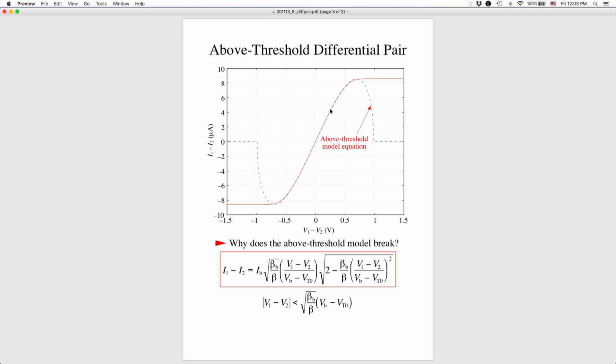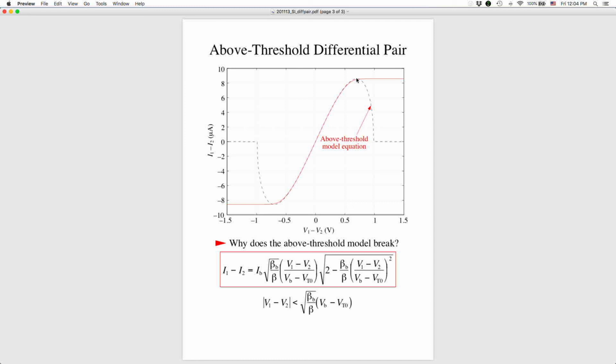But eventually what happens is that M1 would get more and more of the bias current until it gets all of the bias current, and M2 would get less and less. And eventually, as M2 is getting less and less current, its current level goes from being in strong inversion into moderate inversion.